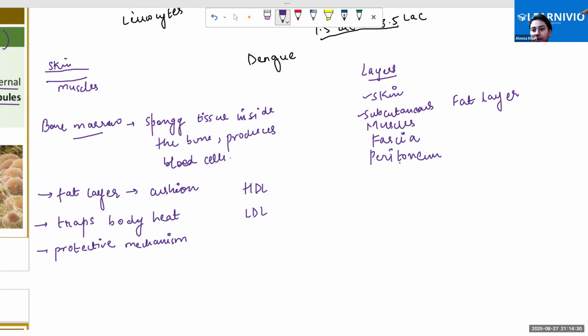Do you know the peritoneum? What is peritoneum? Any idea about it? Is it bones?